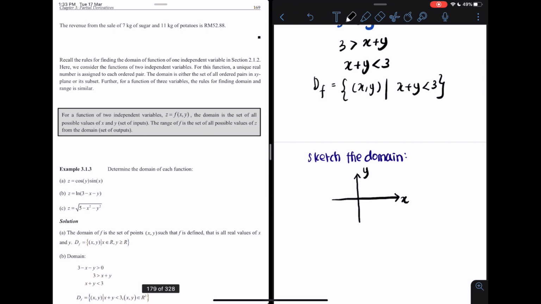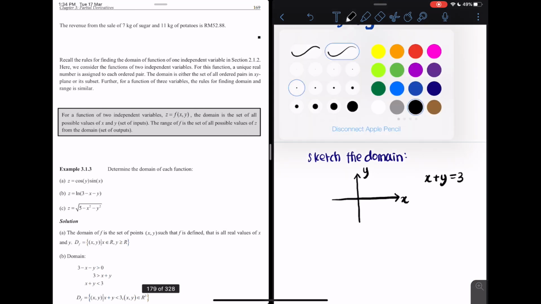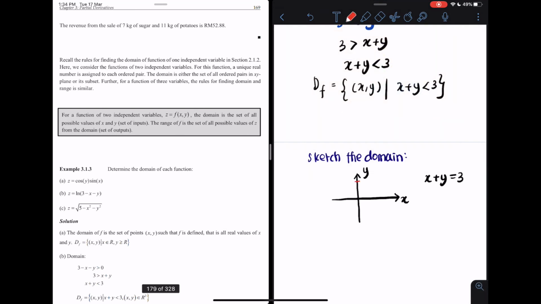Meanwhile, you have x plus y equal to 3. For example, sketching x plus y equal to 3 gives what type of curve in 2D? Basically, it gives you a straight line. So determine the x and y intercepts: you should have y equal to 3 and x equal to 3.